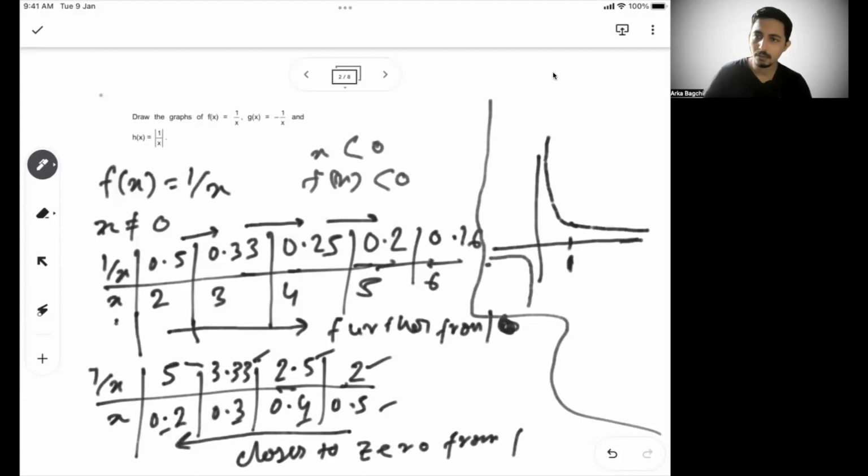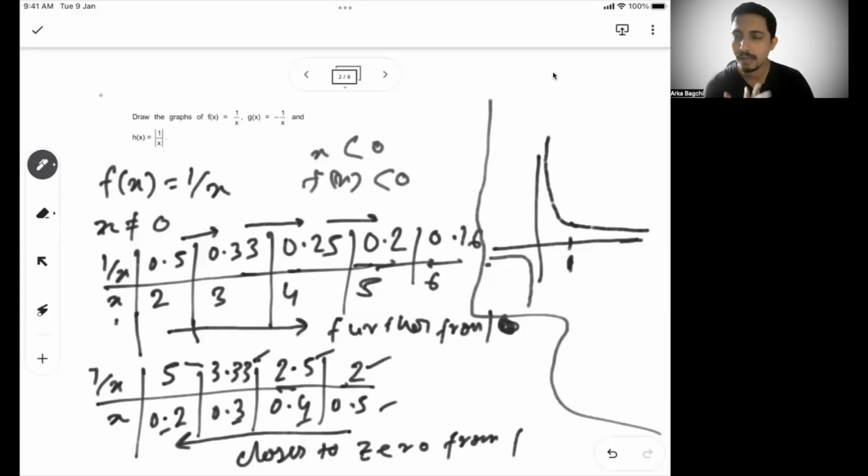Similarly, as you did here, it was in the first quadrant because x positive gives f(x) positive. Here x is negative, so f(x) is also negative. If both x and y are negative, it comes to the third quadrant and follows the same approach. If you go away from -1, the values start slowly reducing. Similarly, if you go from -1 to 0, the more you approach 0, the values start shooting up rapidly.